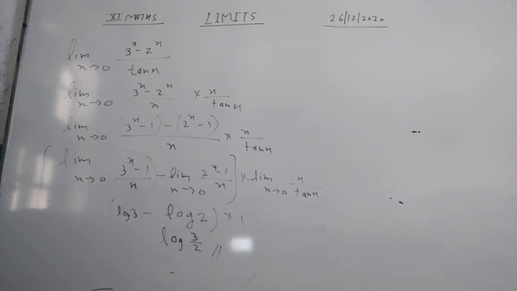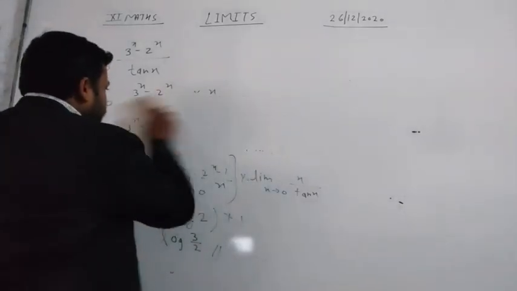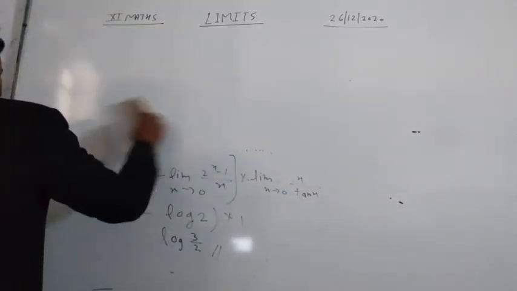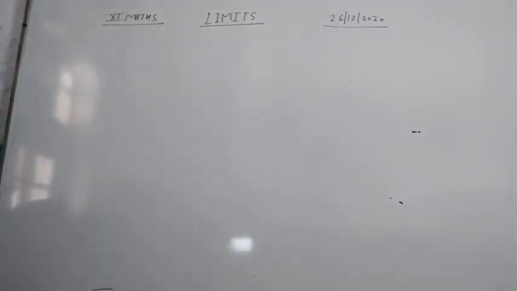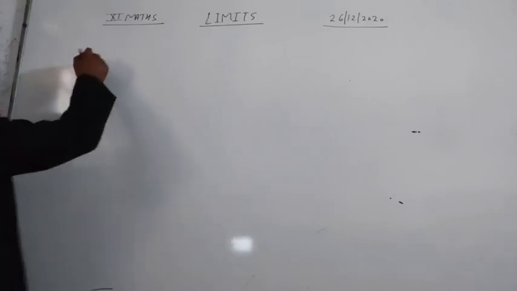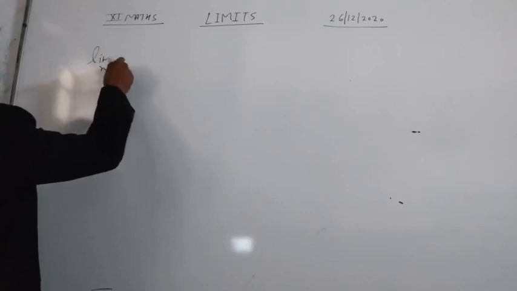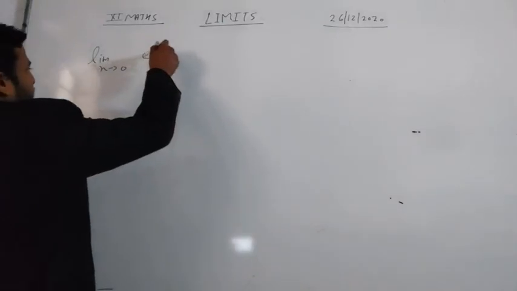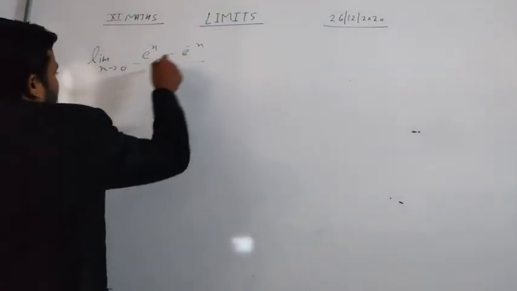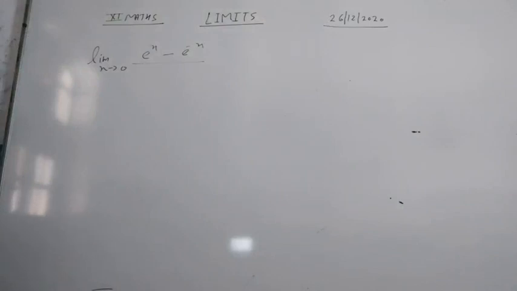Our next question is limit x tends to 0, (e to the power x minus e to the power minus x) by x.